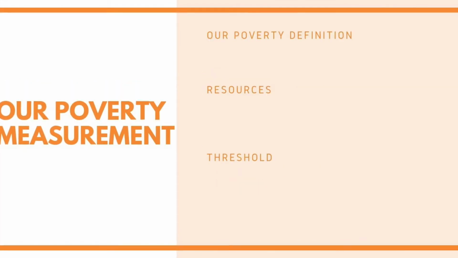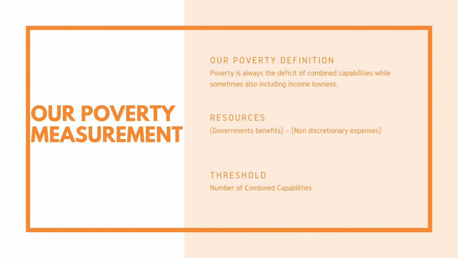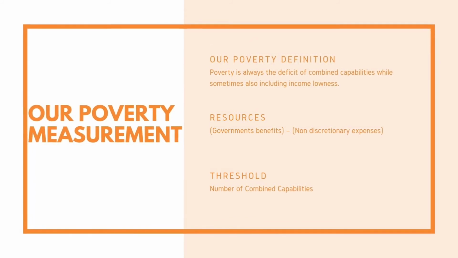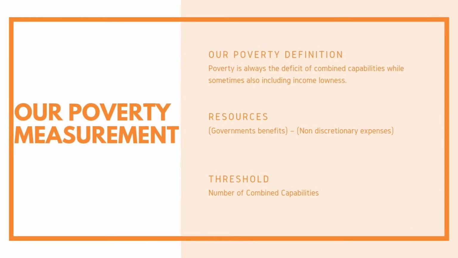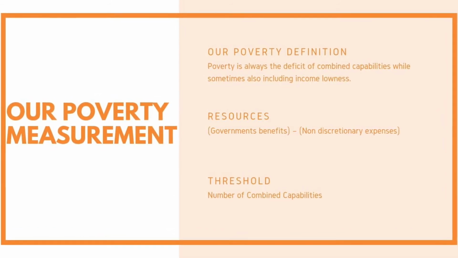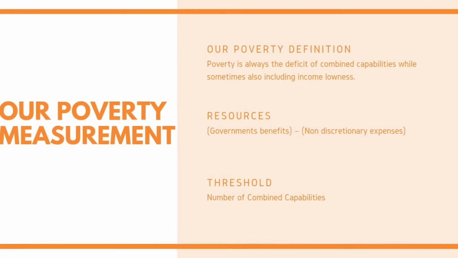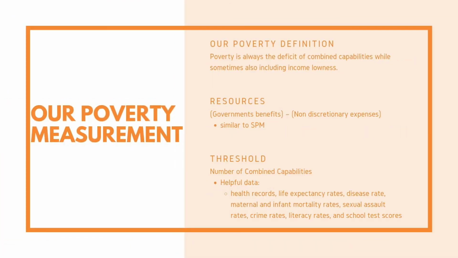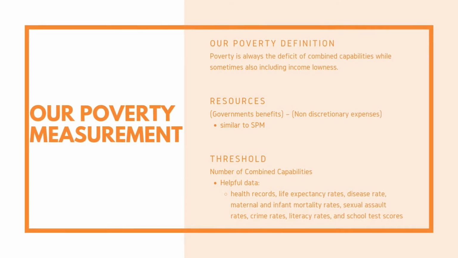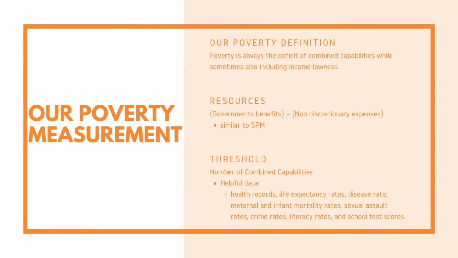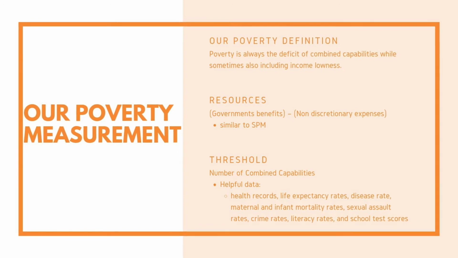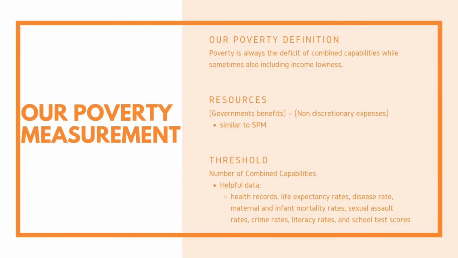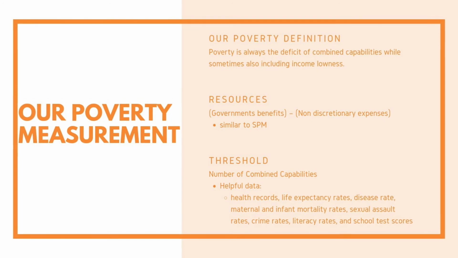Our definition of poverty is always the deficit of combined capabilities, while sometimes also including income lowness. We are measuring our definition of poverty by incorporating parts of the SPM and the central capabilities failure. We measure income wellness similar to the SPM's approach by including government benefits, including food stamps and housing subsidies, while subtracting non-discretionary expenses, including taxes, work expenses, and medical out-of-pocket expenses from income.